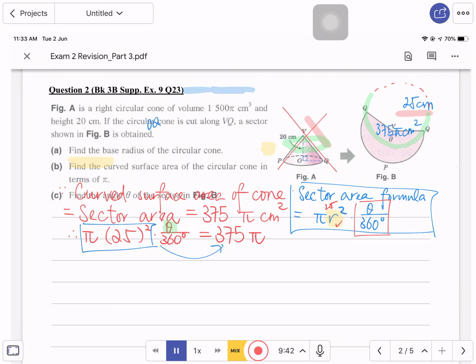First, using division to remove the pi times 25 square. And when you press the calculator to simplify the right hand side, pay attention that a bracket should be put in the denominator.